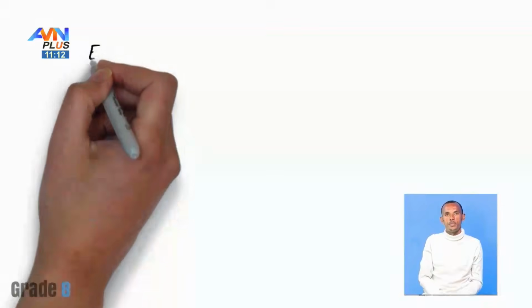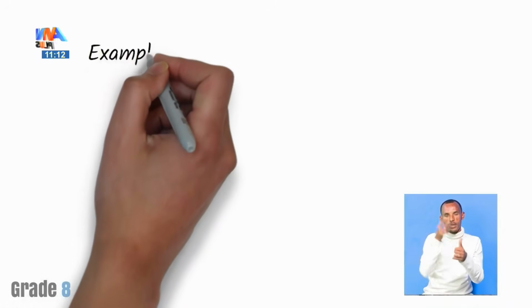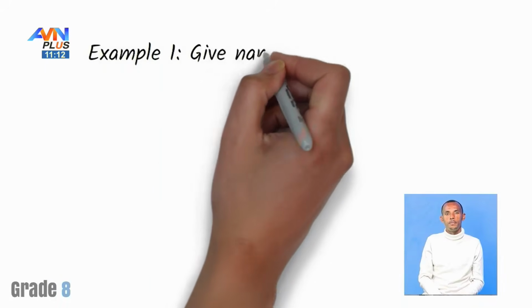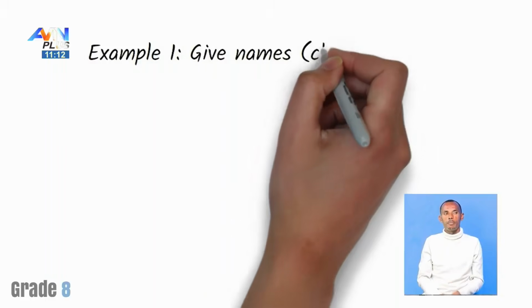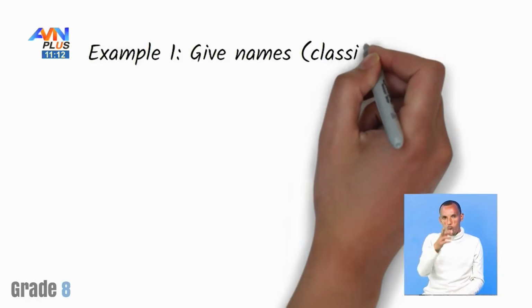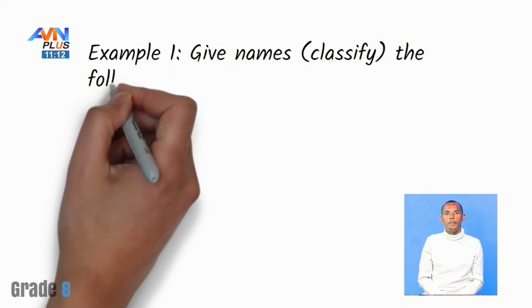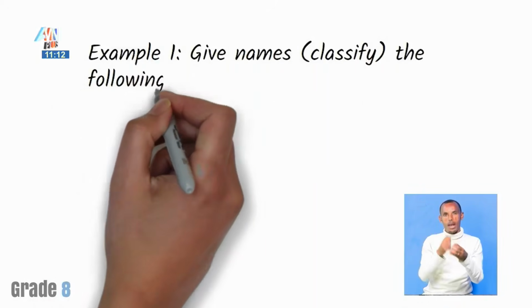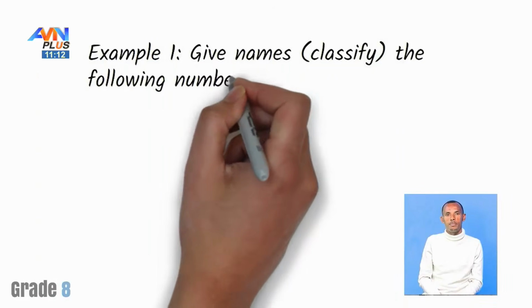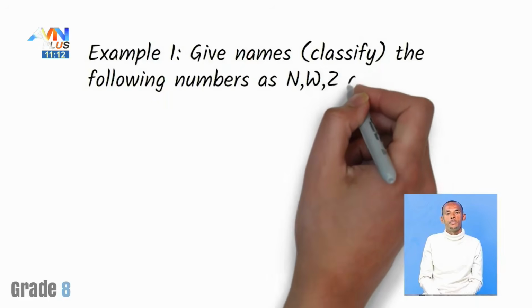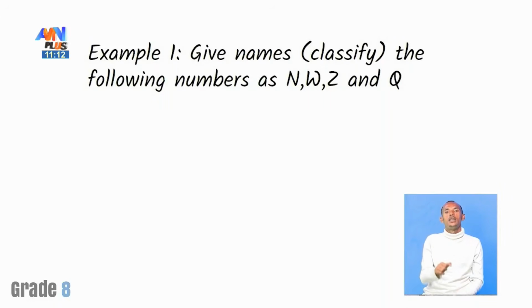Okay. So our first example regarding this relationship is: give names or classify the following numbers as natural number, whole number, integer, and rational number. Okay?